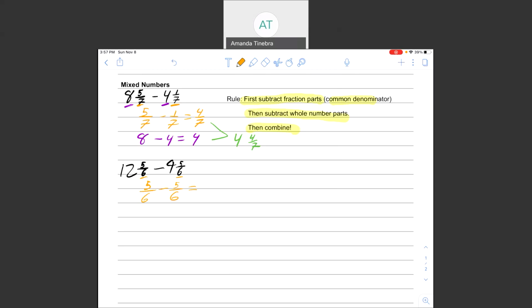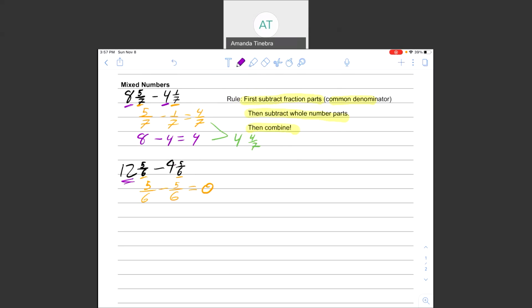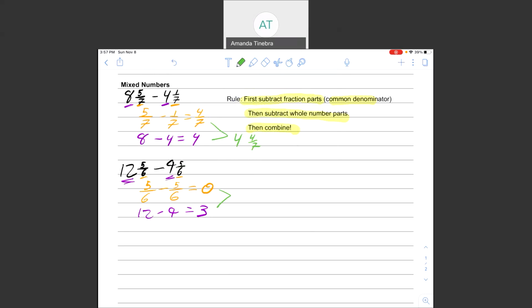Well, 5 minus 5 is 0. So my answer here is 0. I have nothing left from that. Okay, well, let's think about the whole numbers quick. I have 12 minus 9. 12 minus 9 equals 3. When we combine this then, well, I have 3 and I have 0. Well, adding 0 to the 3 doesn't do anything. So my answer here is simply 3.